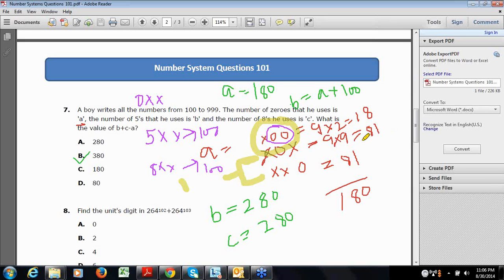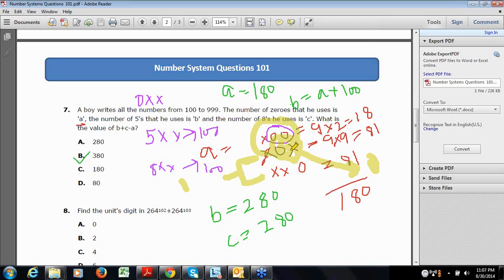Shubham, again x, how can it be 9 into 10, which can take 10 positions? Obviously this x cannot take 0 position because we have already counted this and this.